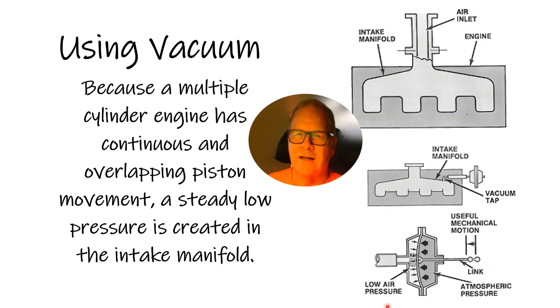Kind of like you've got a clogged up catalyst, right? And so you can use this vacuum to operate diaphragms. That's what they did for a long time. That's not done as much as it used to be. Most every actuator on the engine is electrical now, but vacuum is still used for measurements, and they still use vacuum for doing things.